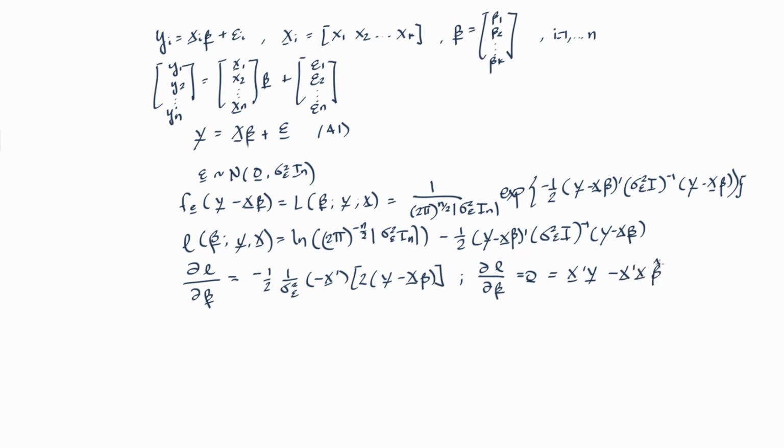And in this case, it's now beta hat after equating it to 0. And notice that we can already solve for beta hat, and it is equal to the least squares estimator, (X prime X) inverse X prime y, assuming that the rank of X prime X is k and invertible.